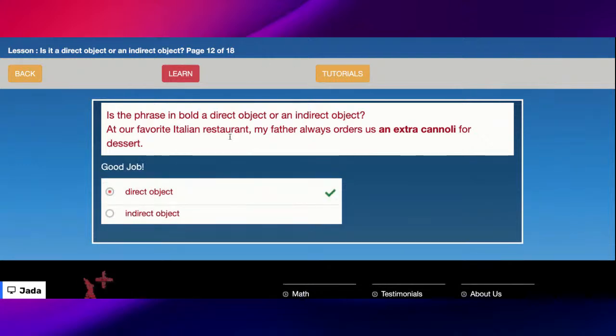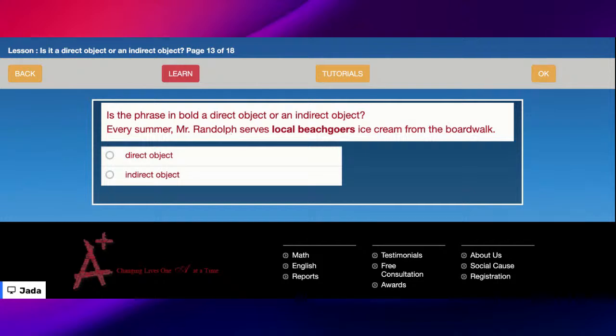Good. Every summer, Mr. Rodolfo serves local beachgoers ice cream on the boardwalk. Indirect or direct? So direct or indirect? Good.